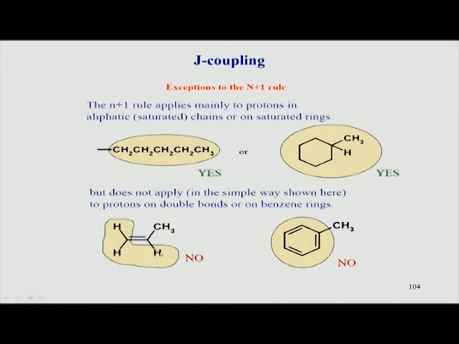So, this hydrogen will show a doublet because of this and another doublet because of that. So, a doublet of a doublet will come for this particular hydrogen and not a triplet, that is 1:2:1, what you expected if you use the n+1 rule. These are examples of how the n+1 rule sometimes applies and sometimes does not.